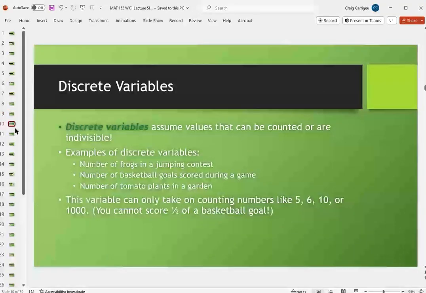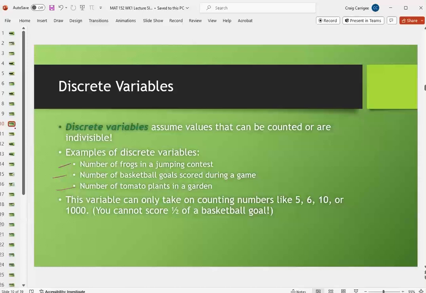We can break down quantitative variables into, again, two different types. The first type are discrete variables. These are things that can be counted, and they're essentially indivisible, things that are whole numbers, right? So we can count the number of frogs, the number of basketball goals scored in a game, or the number of tomato plants in a garden, right?